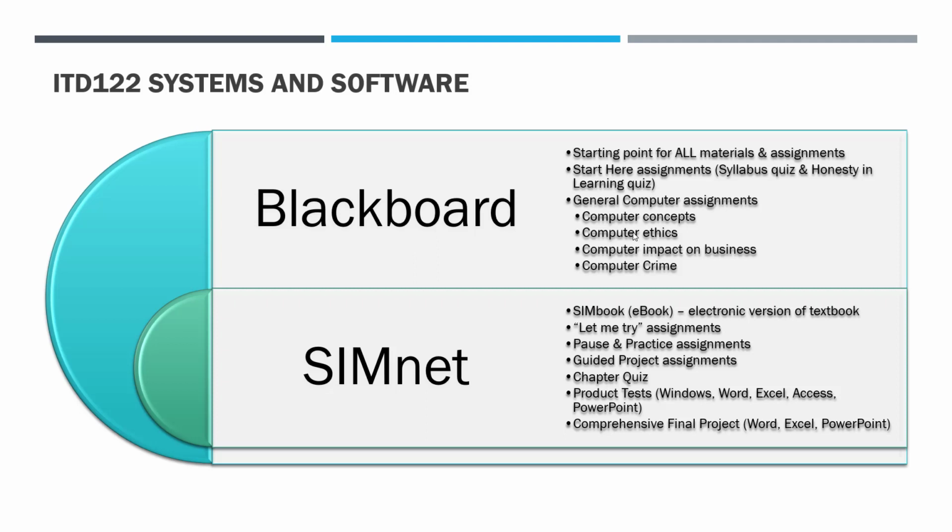Then the other thing that you complete directly in Blackboard are the 4 general computer assignments, and they're sprinkled throughout the course, usually in the first or second chapter for a product. There are 4 of them: computer concepts, computer ethics, computer impact on business, and computer crime.